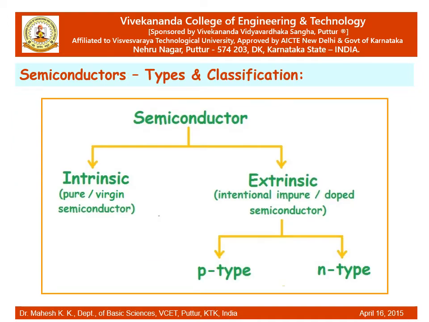Semiconductors are broadly divided into intrinsic and extrinsic semiconductors. Intrinsic semiconductors are the pure semiconductors, but in the case of extrinsic, they have some tertiary element inclusions. Extrinsic semiconductors are again divided into two types based on the impurities, so they are P-type and N-type semiconductors.